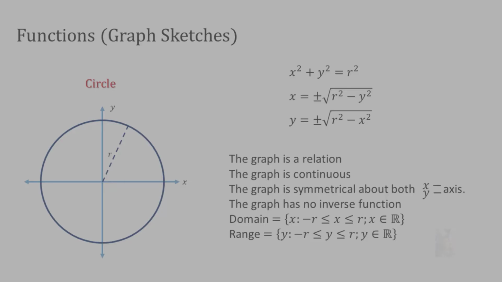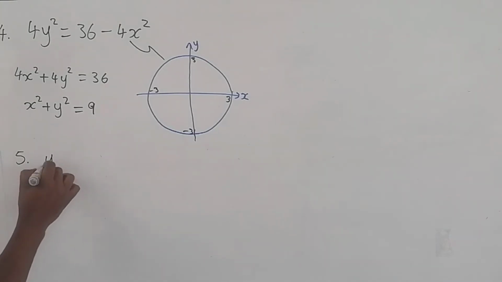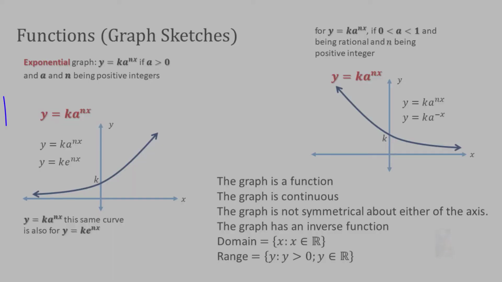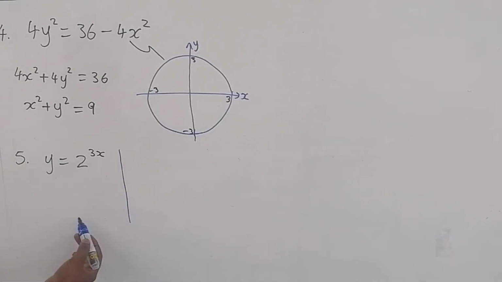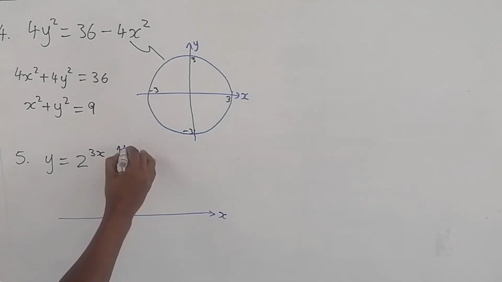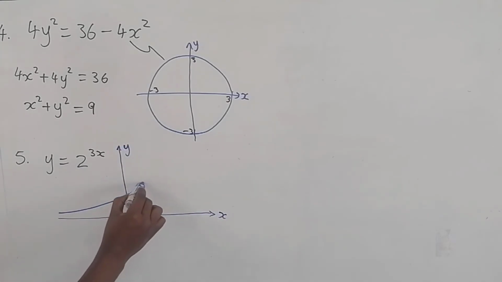It should be labeled. The next question says, sketch the graph of y is equal to 2 raised to the exponent 3x. This is an exponential graph because we have 2 raised to 3x. How do we know it is an exponential graph? The focus for us will be on the x. If our x is an exponent, that means the graph itself is an exponential graph.